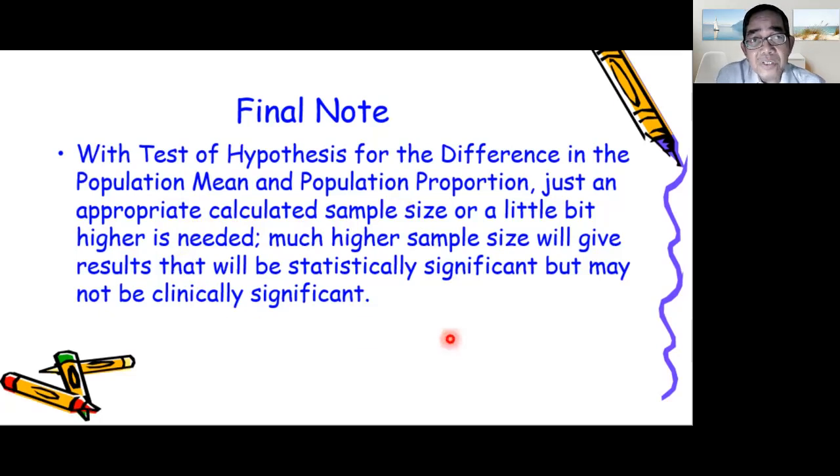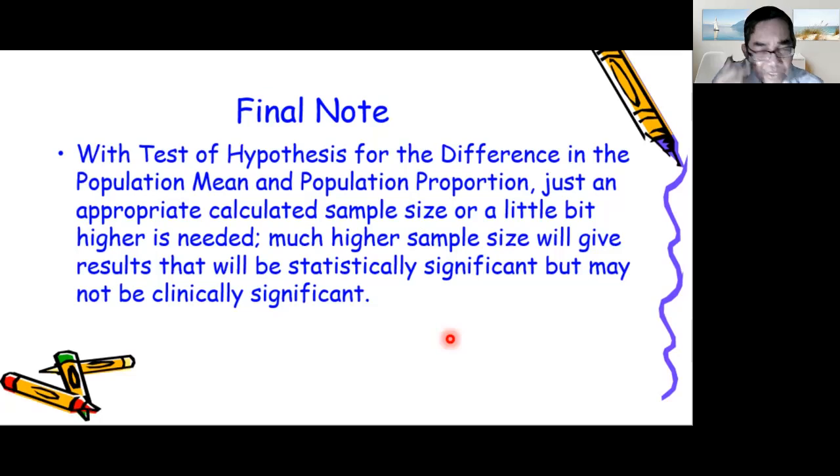For example, if you want to look into the systolic blood pressure of a particular drug for hypertension, for the reduction of systolic pressure, and if, for example, the difference between two drugs, one an experimental drug versus the standard drug, and the sample size is very, very large, you can have a statistically significant difference.